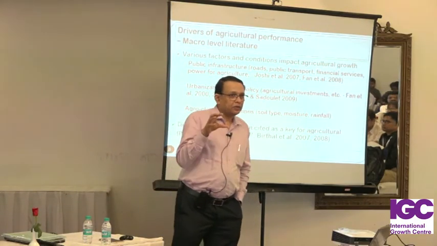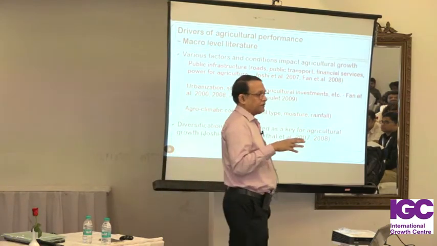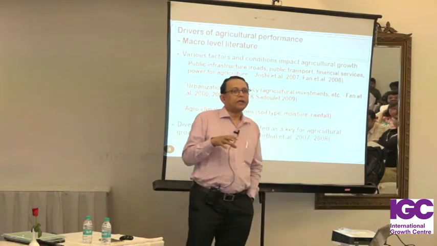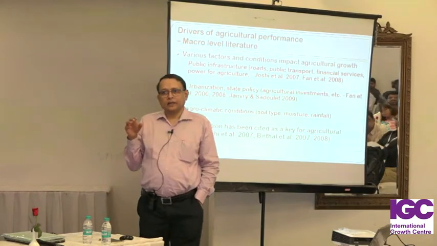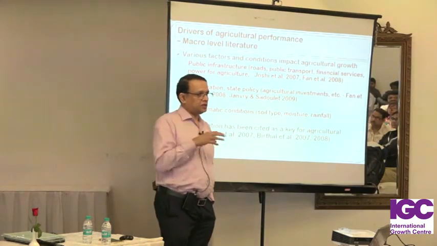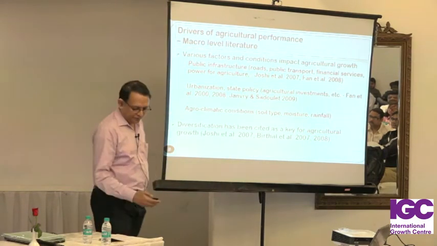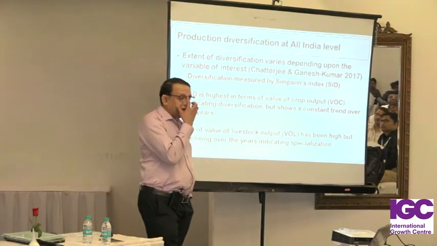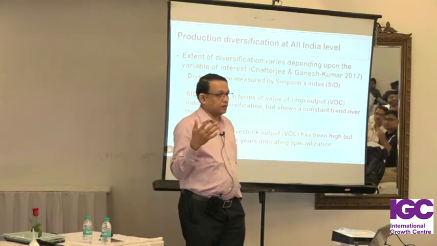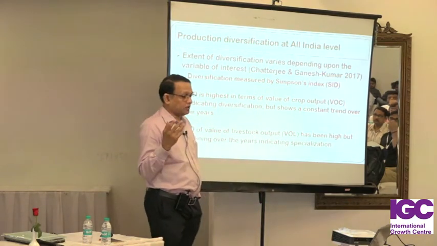The other important aspect that people have identified is diversification. The extent of diversification within agriculture is again not uniform across states. It shows enormous variation.